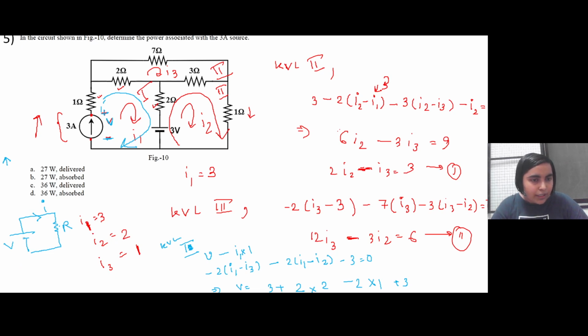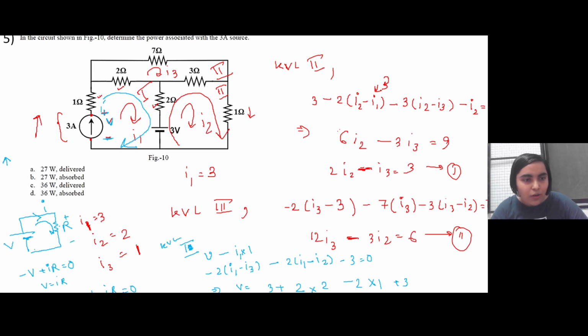According to the notation you are following, it is minus V plus I into R equal to 0, right? Along the direction of the current is the voltage drop, because the voltage drop will be across the resistor. So it will be V equal to IR, right? But if we take the reverse direction, that is, if you are entering through the negative voltage, we take that one as V instead of minus V, and along the direction of the current it will be minus IR, right? Are you getting the difference?